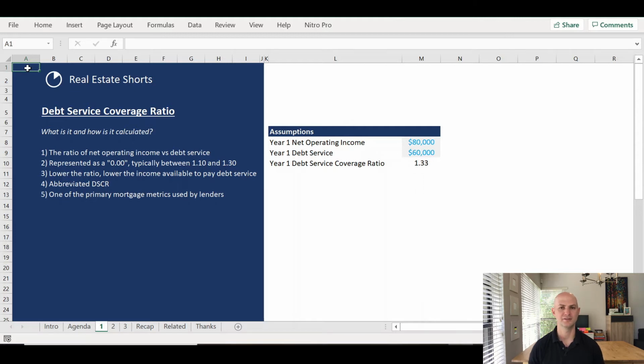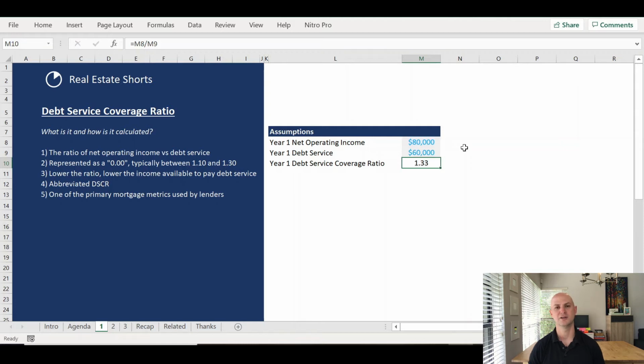So as an example, if a property earns $80,000 worth of net operating income and it owes $60,000 worth of cumulative mortgage payments or annual debt service, the ratio between the two is $80,000 divided by $60,000, and that would help define that relationship, that coverage.